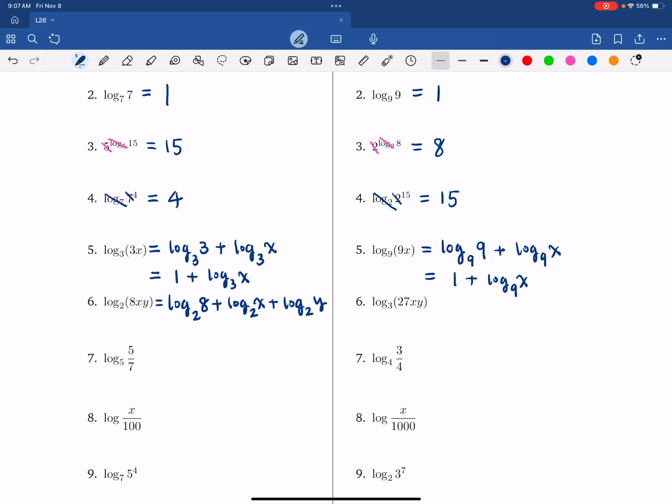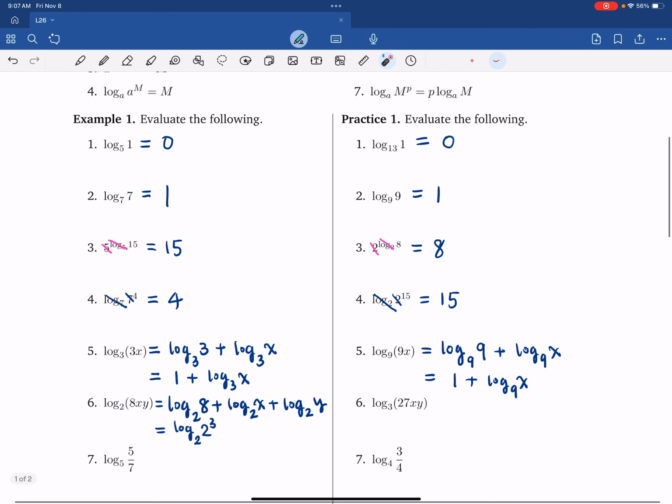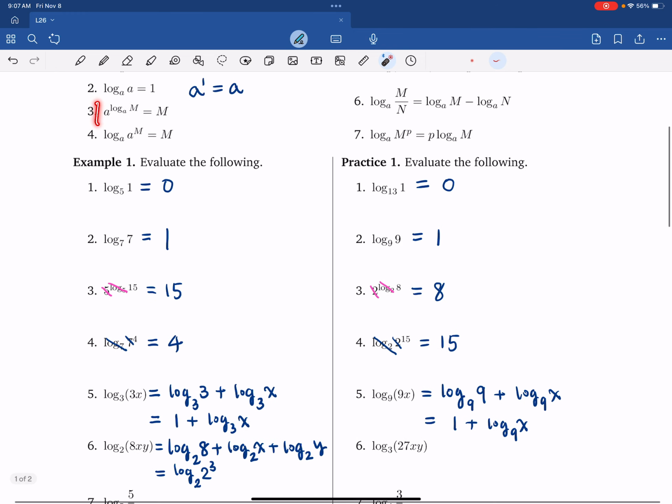of y. And then for log base 2 of 8, we're going to apply a property. First, I'm going to rewrite this 8 as the same thing, base 2. So it's going to be 2 to the third. And you might wonder, why do I rewrite 8 as 2 to the third? This is because the log function has a base of 2. And one of the properties, if you remember, is property number 3.